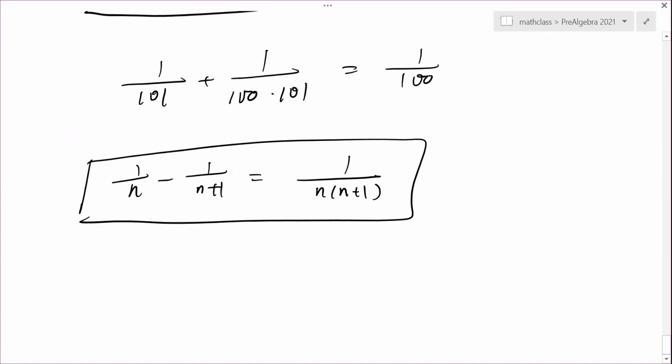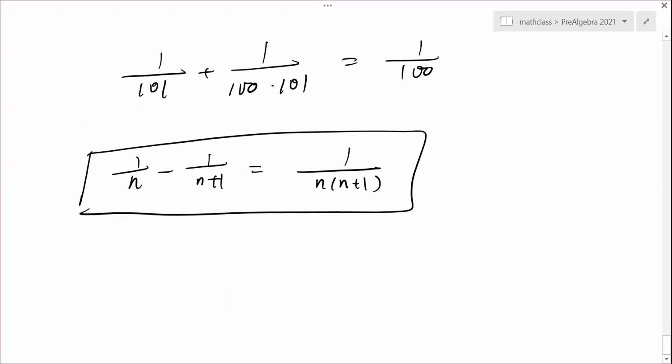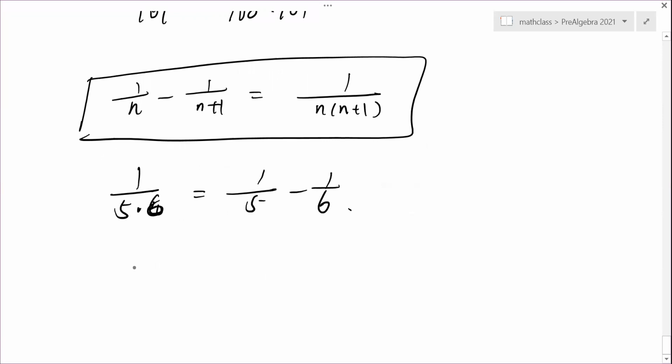This is really another important formula one can use. In other words, 1/(5 times 6), right? This can be written as 1/5 minus 1/6, okay, right?